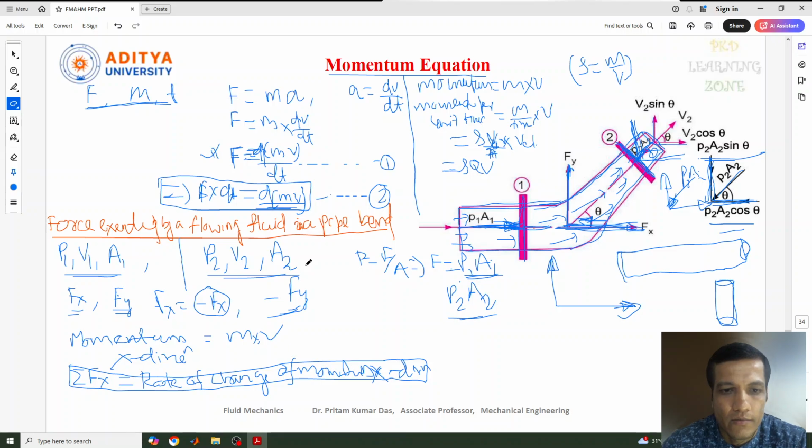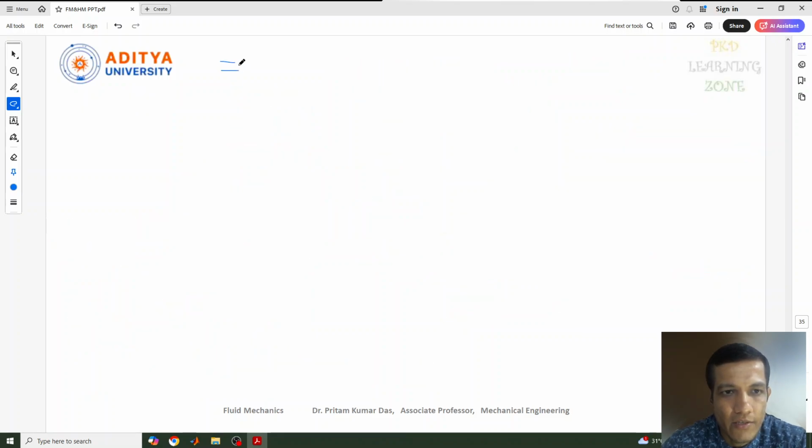So let me write one thing: F1 plus F2 plus the force in the x direction equal to the rate of change of momentum in the x direction. So rate of change of momentum, I already told, is mass into velocity with respect to time. I'll directly add this value, that value here.